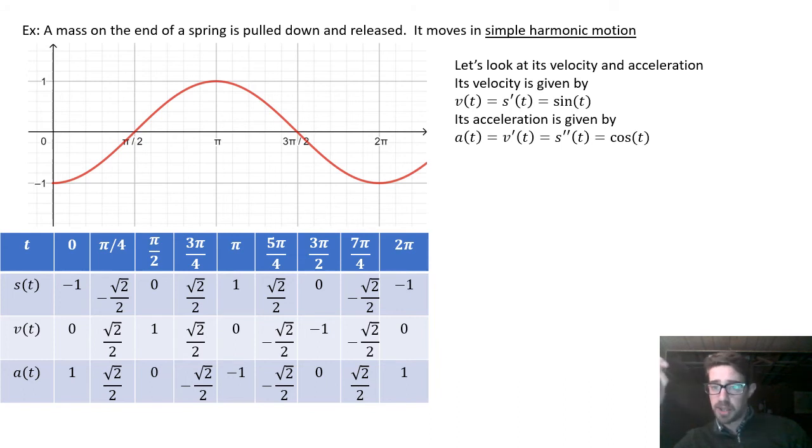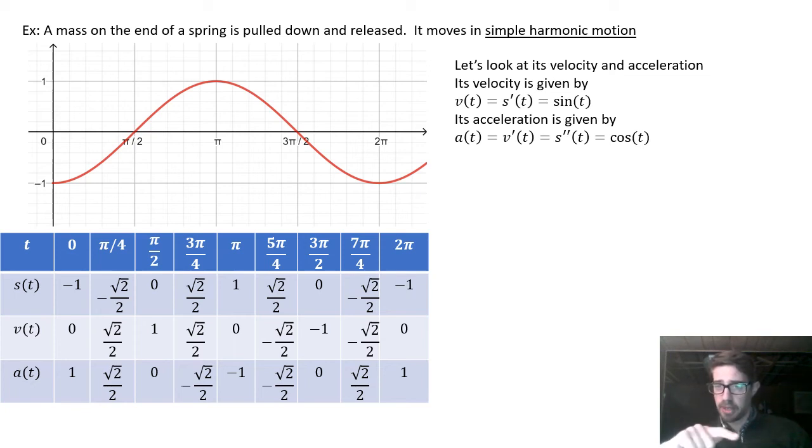It then speeds up again in the other direction. So now it's going -0.7 because it's going down. And at 3 pi over 2, it's going -1 because it's traveling down as fast as it goes. It then slows down again to negative square root of 2 over 2 so that it can stop again at 2 pi, and now the velocity is 0 again.